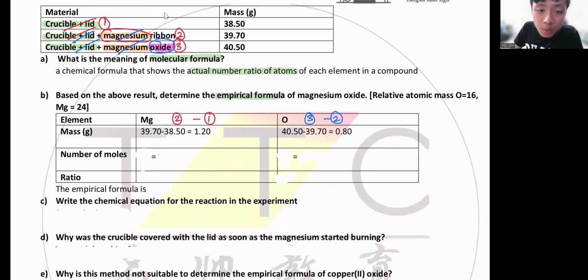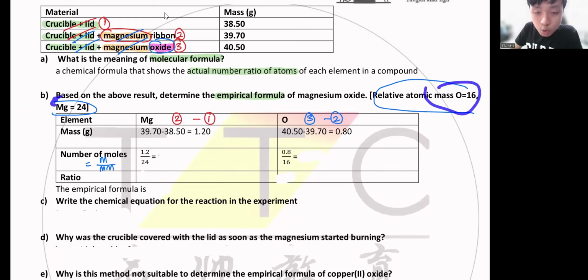After you get the mass, what do you do? You find the number of mole. Remember, number of mole equals mass over molar mass. Molar mass normally you get from the relative atomic mass, which is O is 16, Mg 24.